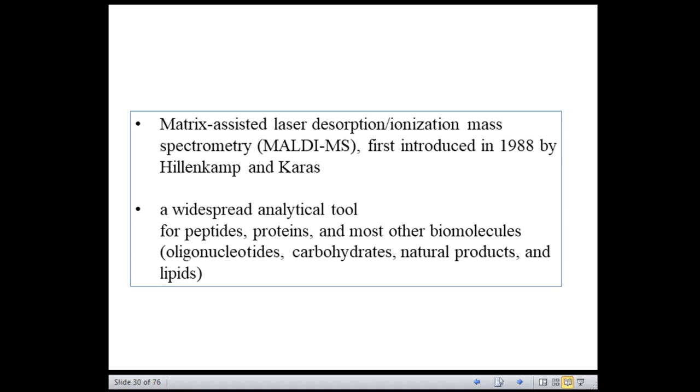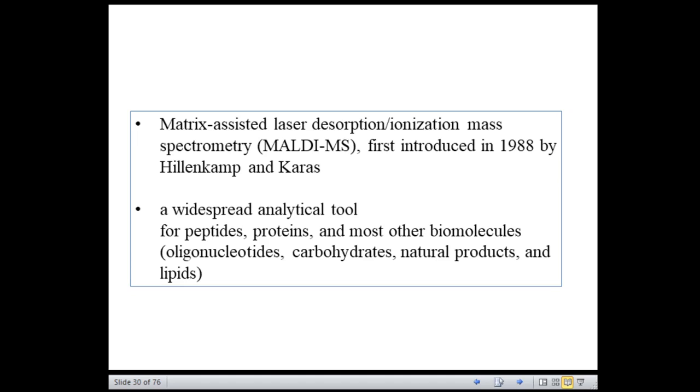The analyte is first co-crystallized with a large molar excess of a matrix compound, usually an ultraviolet absorbing weak organic acid, which is used as a matrix. After that, the laser radiation of this analyte matrix mixture results in the vaporization of the matrix, which carries the analyte within it.